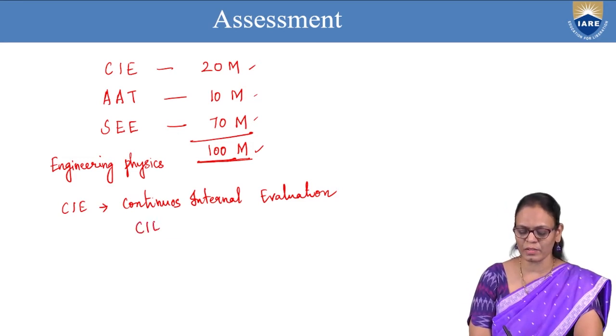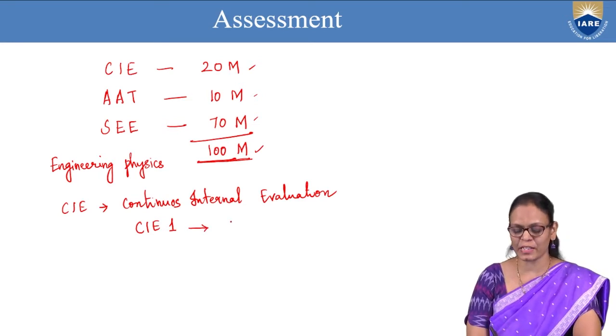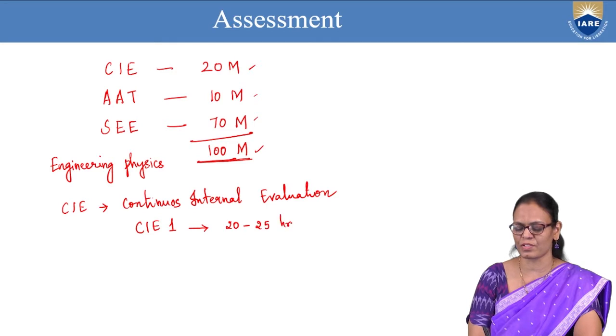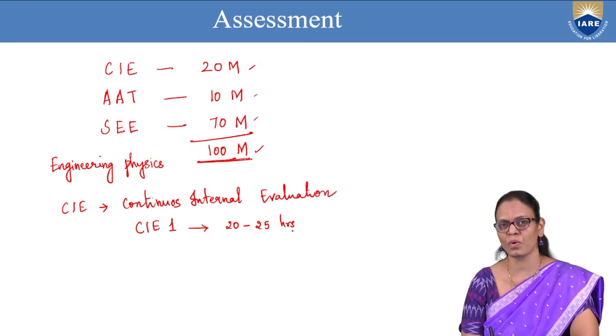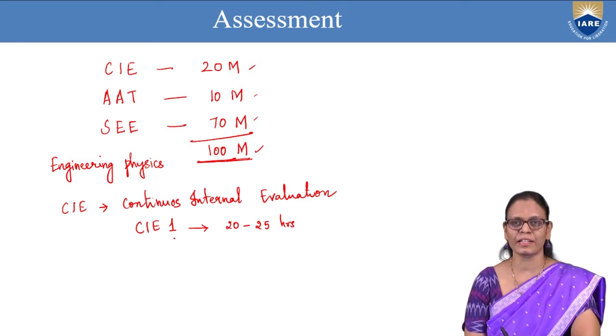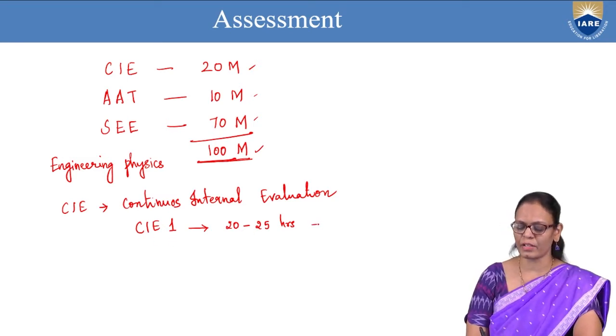CIE 1 will be after completing at least 20 to 25 hours of instructions. After 20 to 25 hours of instructions are over, you will have CIE 1, and it will be for 20 marks and it will cover the first 2.5 modules.